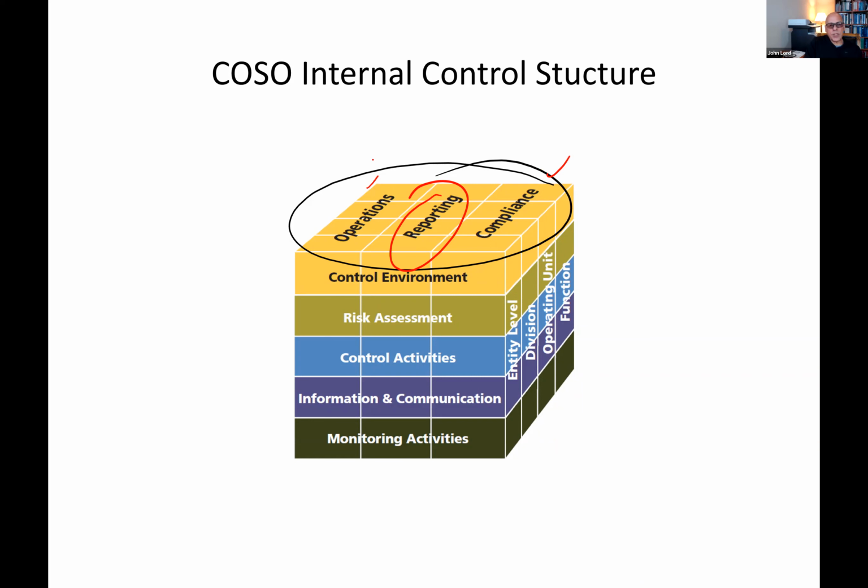And what they did was they said, well, a company could, across the various levels of the company that you see on this side of the cube here, institute a system of internal control that would be comprised of these elements. So you'd have the control environment. Control environment sits at the top. It is the most important.